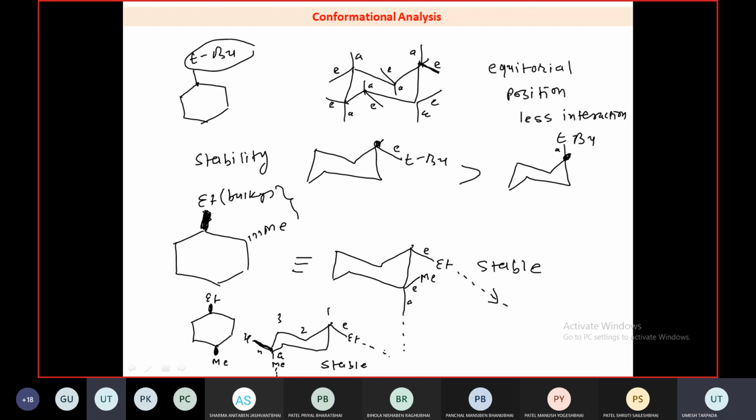Okay, so as far as monosubstituted derivative is concerned, you can take this group at equatorial. But what about disubstituted cyclohexane? See, 1, 2 we have already taken.